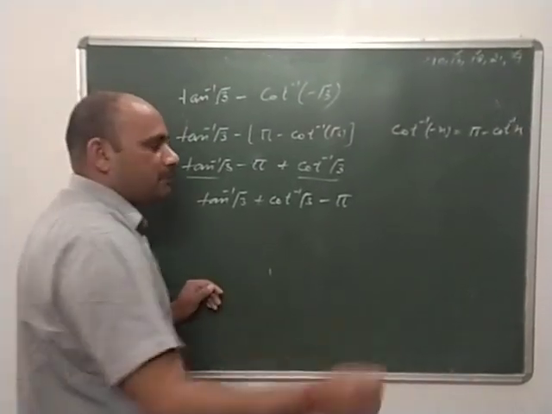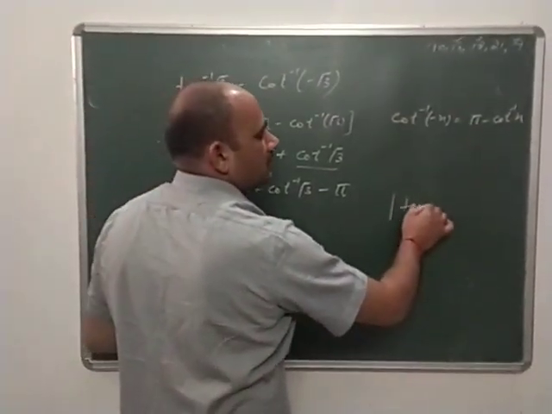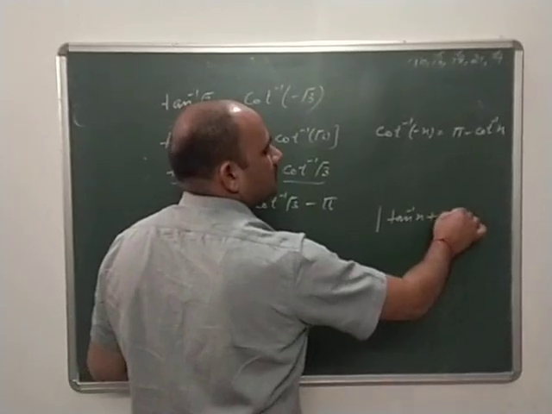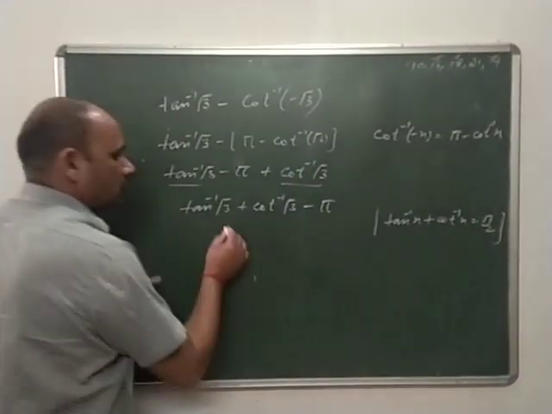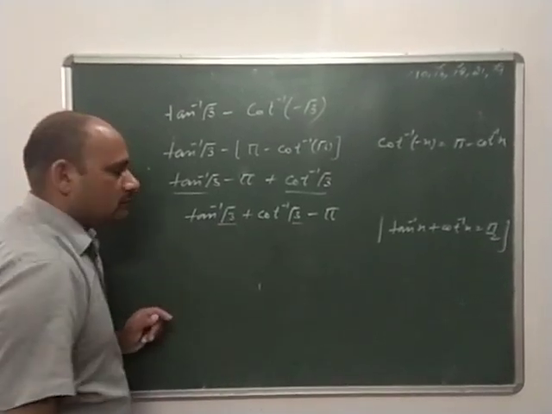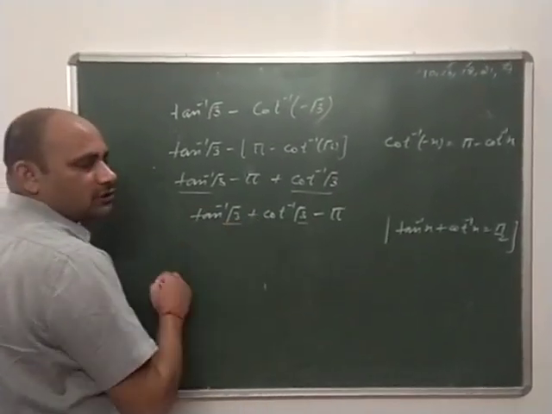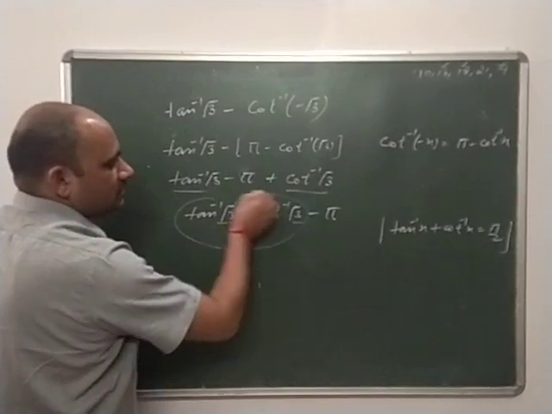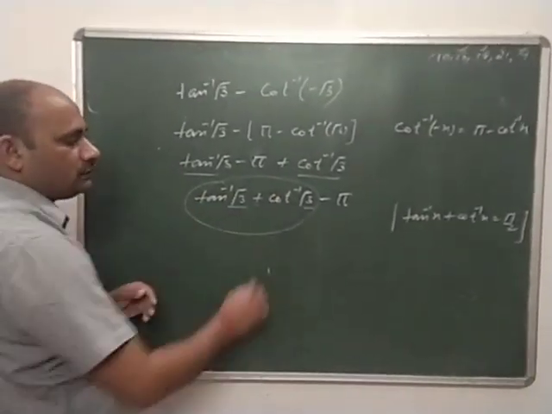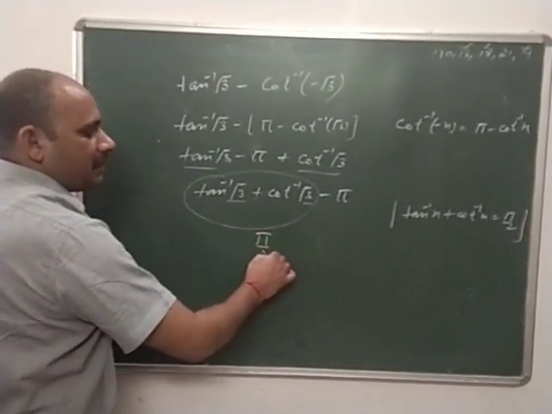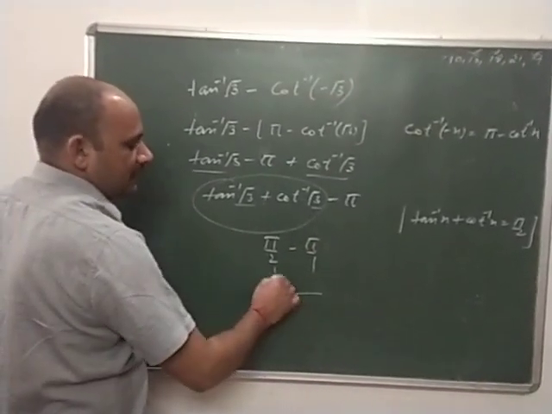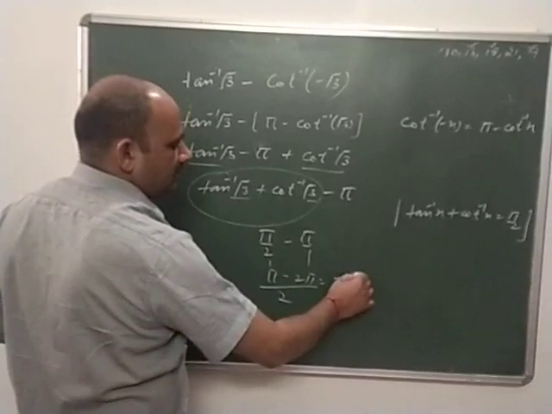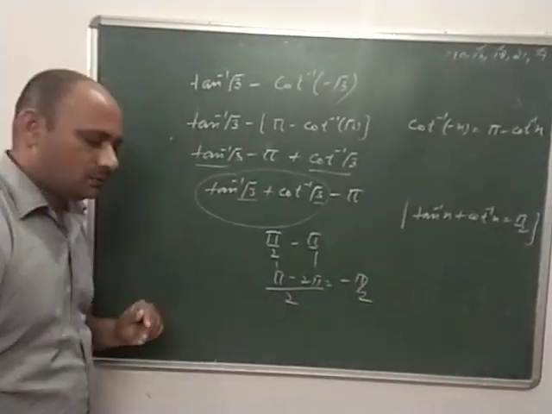Next we have another property: tan inverse x plus cot inverse x is pi by 2. We have the same values, positive also. So tan inverse root 3 plus cot inverse root 3 is pi by 2 minus pi. Taking 2 as LCM, pi minus 2 pi is minus pi by 2.